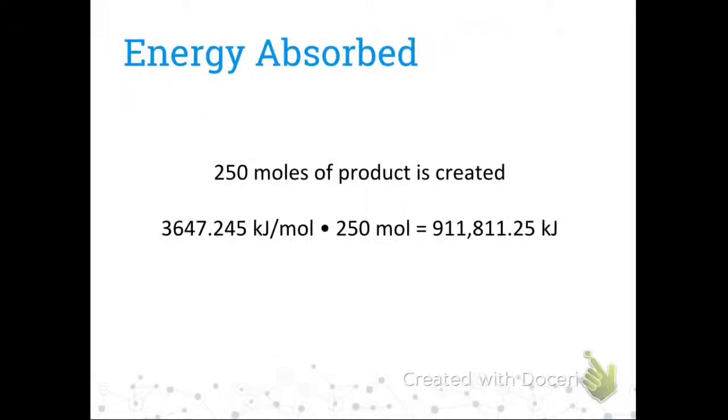Now, we can begin to solve for the original question involving the chamber. However, in order to solve for the problem, we must first calculate how much energy is absorbed when 250 moles of product is produced.